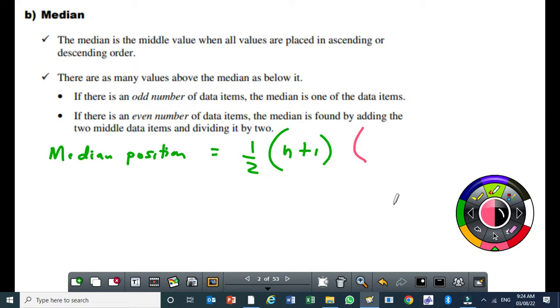So if you've got a data set, for example, let's say you have 2, 4, 6, 8, maybe I'll say 10, like that. By observation, the median is going to be 6, which is the third value in the data set.